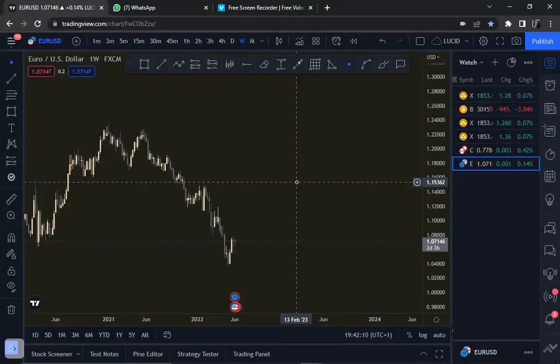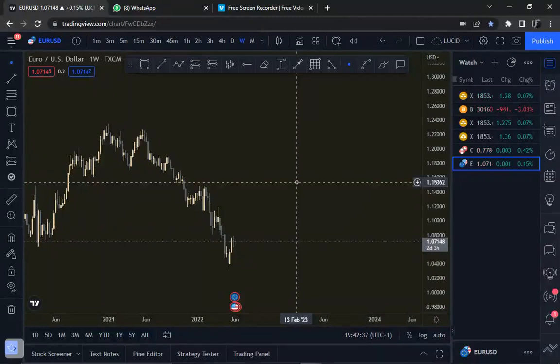Now, what are the characteristics of order blocks? Number one, the candlestick should take out liquidity. Number two, the order block candlestick should break market structure.